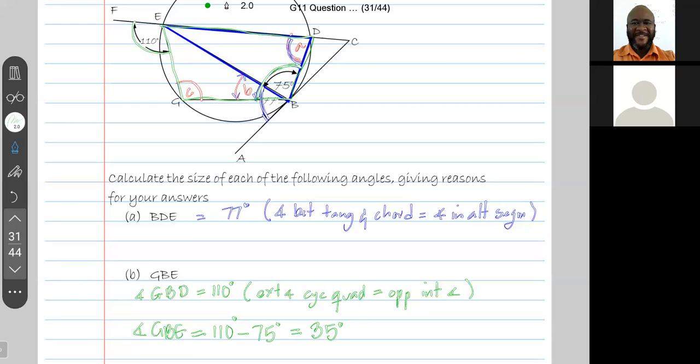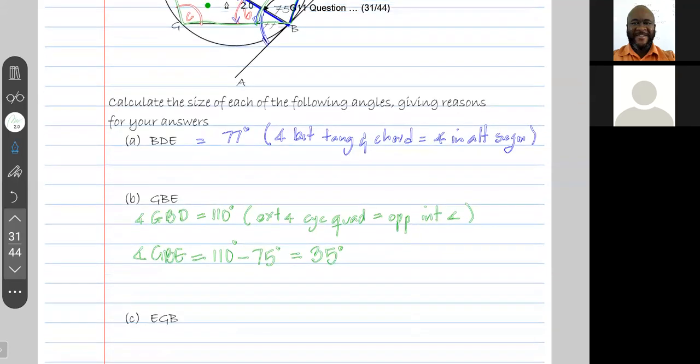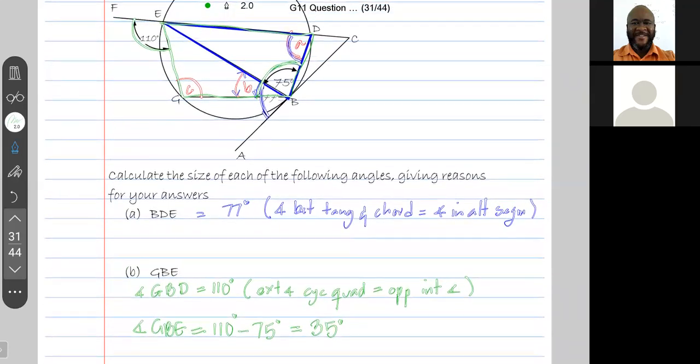Now, to find the angle at C, which is angle EGB, we recognize that these are opposite angles in a cyclic quadrilateral. And opposite angles in a cyclic quadrilateral are supplementary. They add up to 180 degrees. The angle at A is 77.